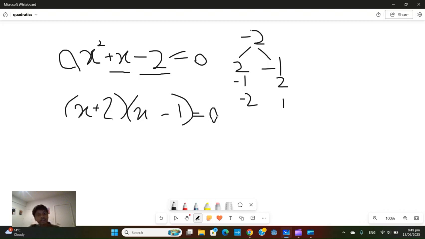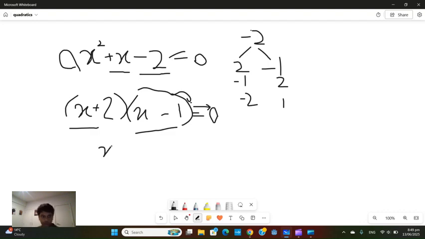Now, what this does is it allows only one of these at a time to be equal to 0. So basically you can move this term over here, because that'll be division and it'll be equal to 0.